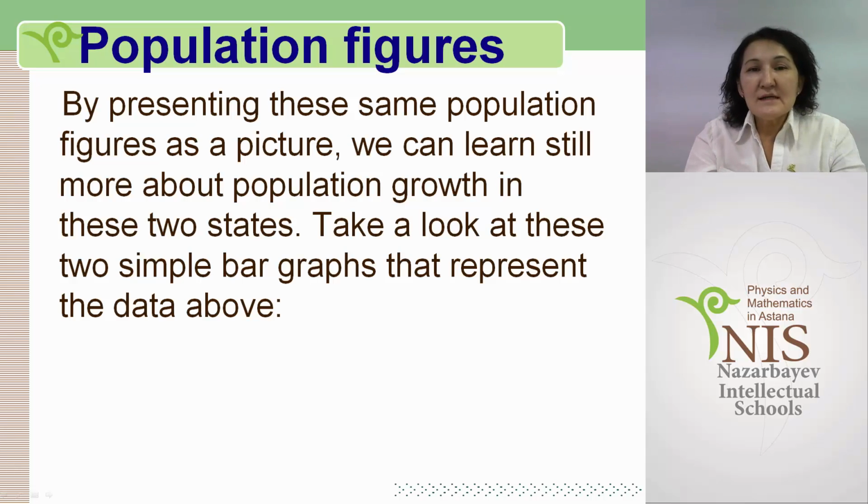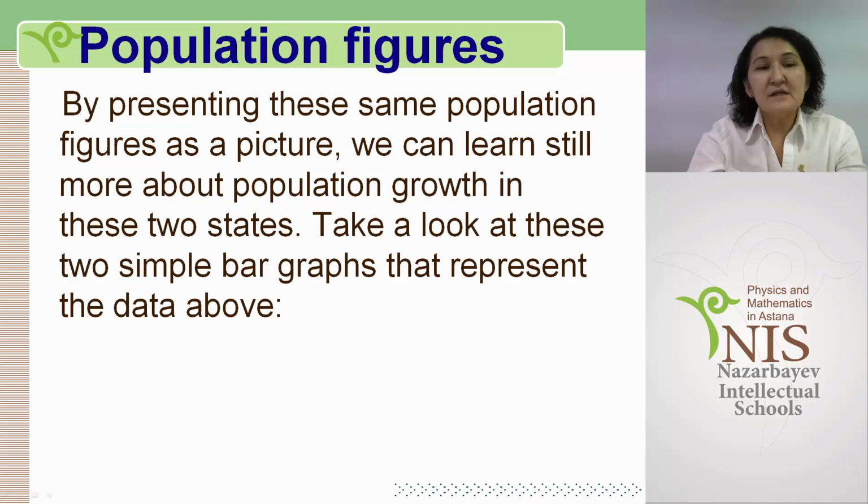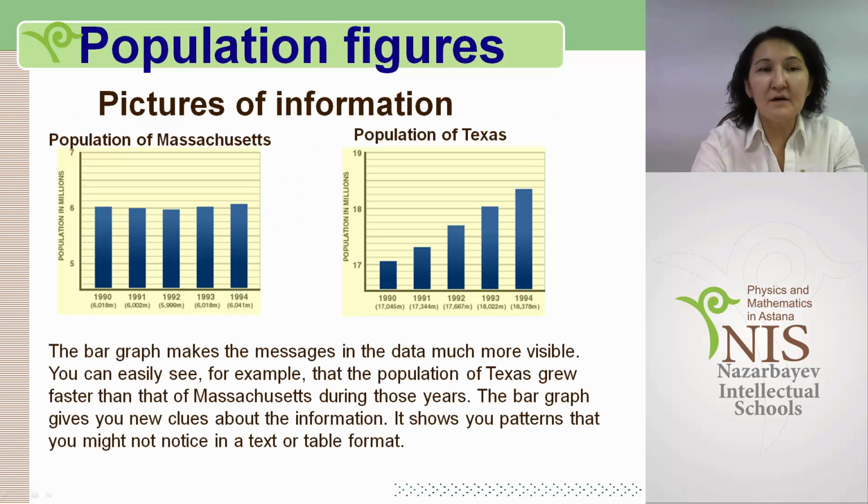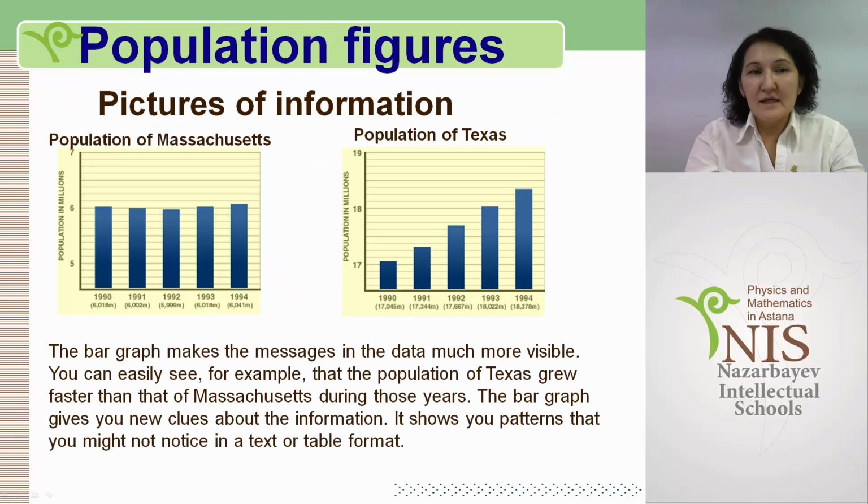If we present the same population figures as a picture, we can learn still more about population growth in these two states. Take a look at these two simple bar charts that represent the data above. The first is population of Massachusetts and the second is population of Texas.